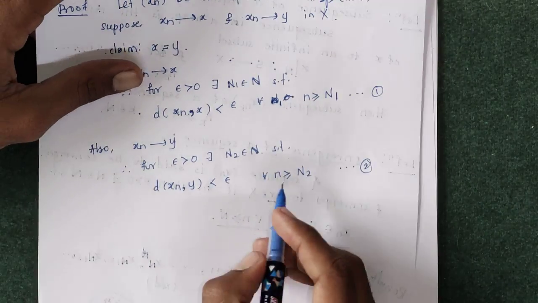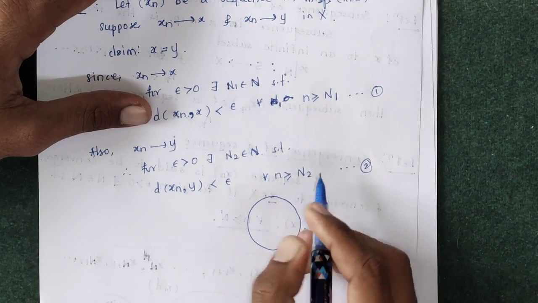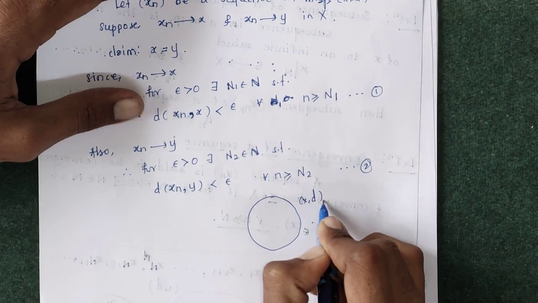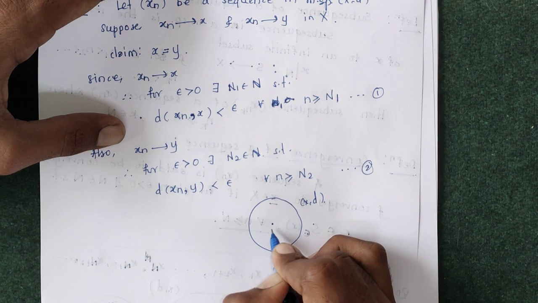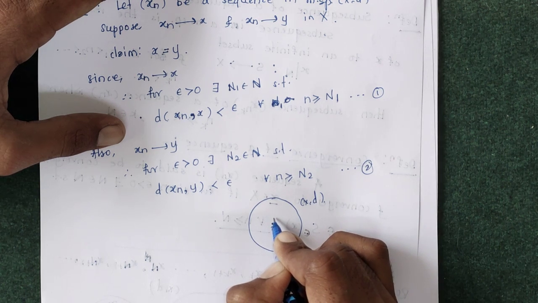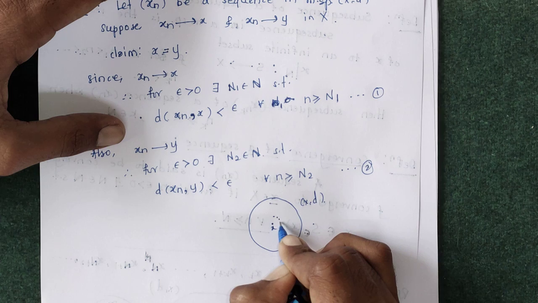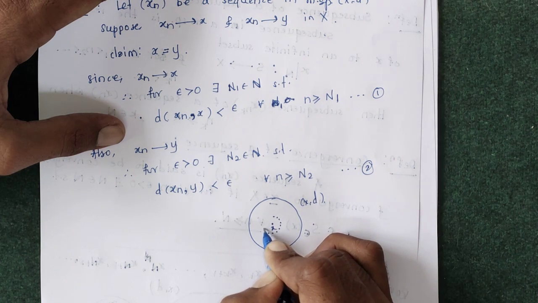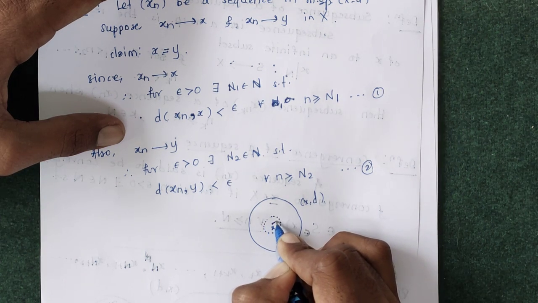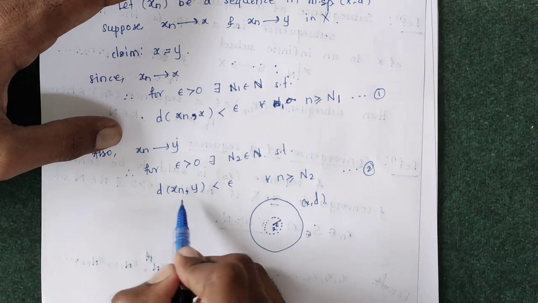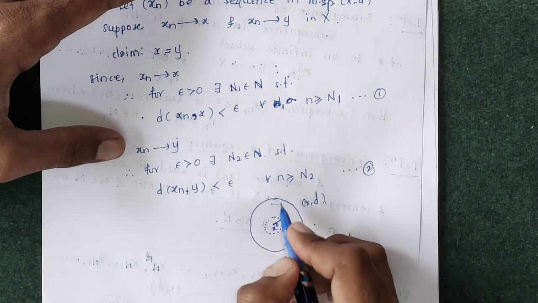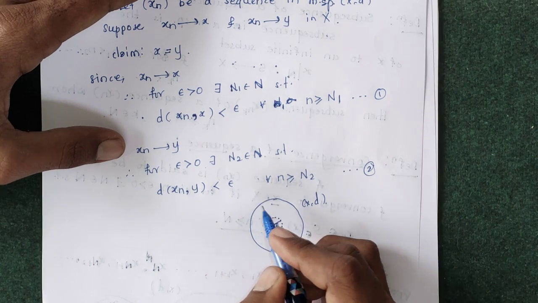Suppose this is the metric space (X, d), and this is x, and suppose this is the open sphere centered at x with radius epsilon. Then again the distance between xn and y is less than epsilon.